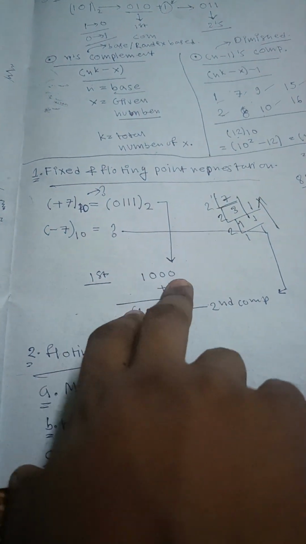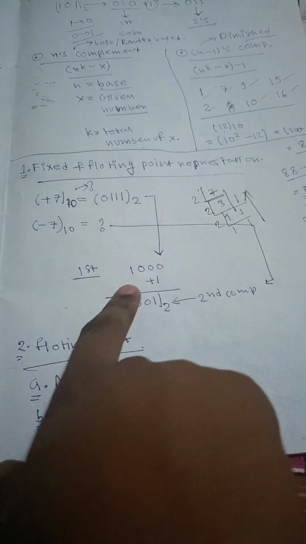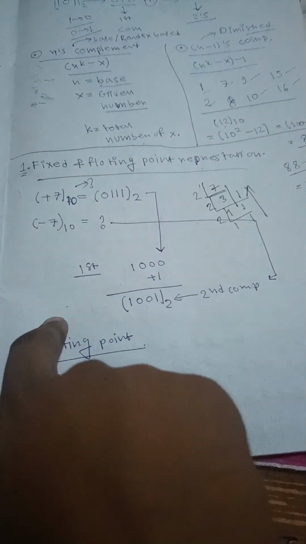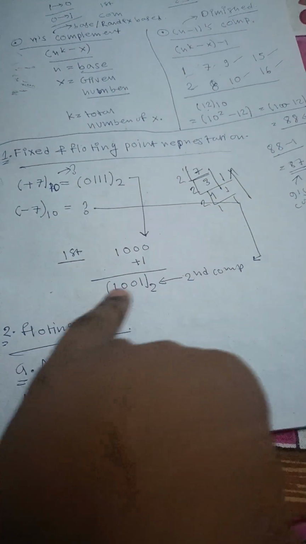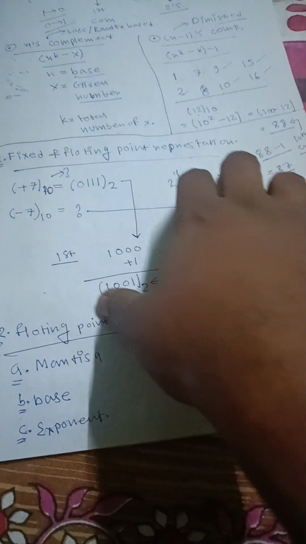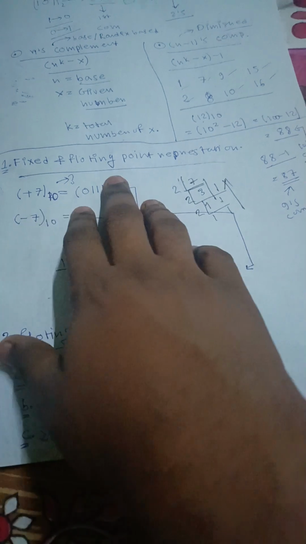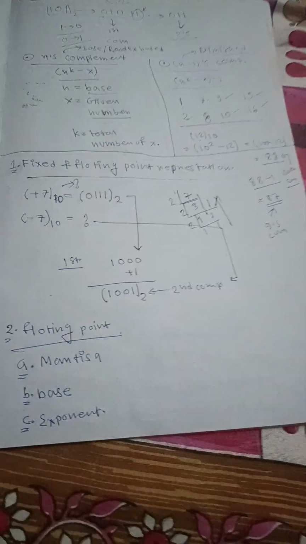So 1000 is the one's complement of 0111, and then we get the two's complement by adding 1, and we get the value 1001. That is the value of the two's complement. Every time we do the fixed point representation in 4-bit format. I hope it is clear.